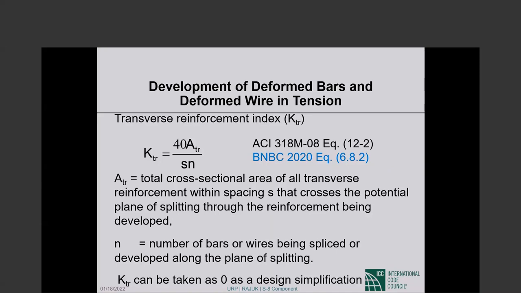C sub B, which I forgot, it turns out, I will tell you, and I want to tell you the exact thing. C sub B is the smaller of two things: the distance from the center of a bar or wire to the nearest concrete surface, and one half the center to center spacing of bars or wires being developed.